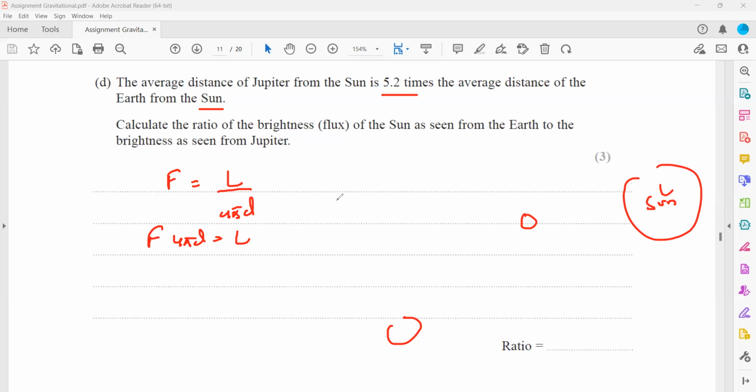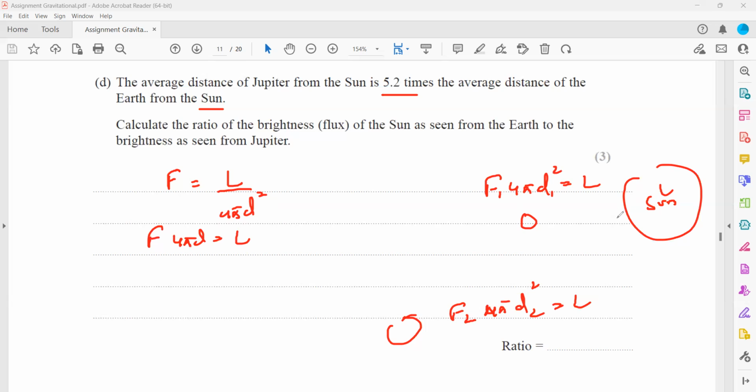So F times 4 pi d squared is equal to L, the luminosity of the Sun. The flux on Earth is F1 times 4 pi d1 squared equals L, and the flux on Jupiter is F2 times 4 pi d2 squared, squared because it follows the inverse square law.